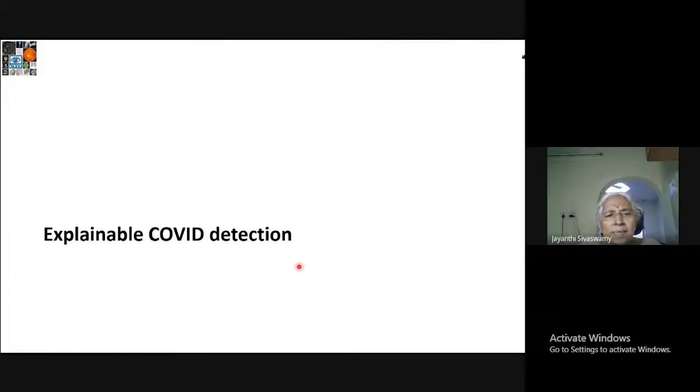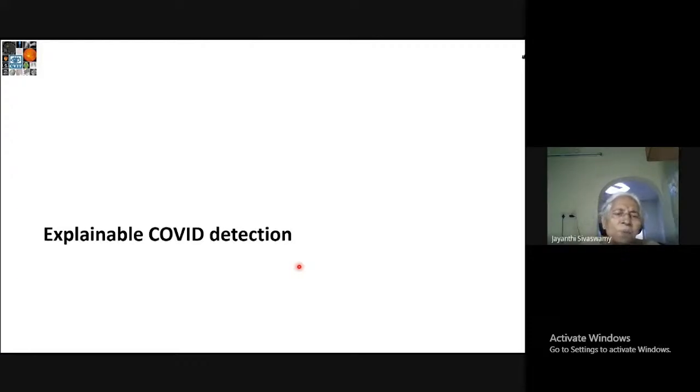This is what we call explainable COVID detection. During COVID, there was a lot of data publicly accessible, and so there are tons of papers which have come out. But if you look at how many have actually gone into the clinic, hardly any.